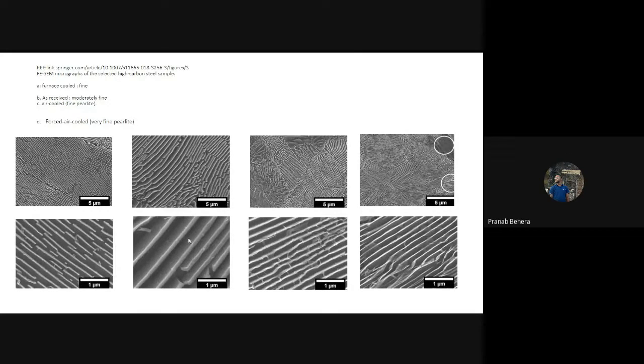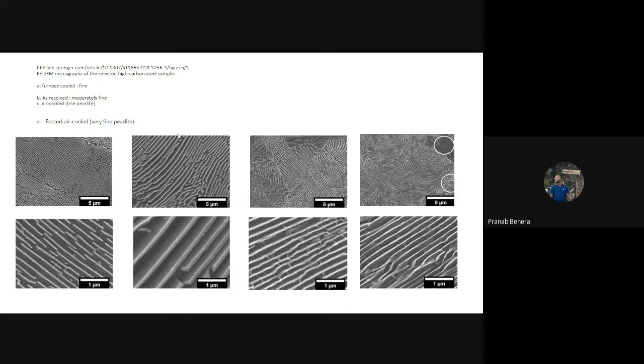You can take the center of this one and the center of this one. You just join them. That distance will be your interlamellar spacing. Similarly, here you can take the center of this darker one and the center of the adjacent darker one. That will give you the interlamellar spacing.